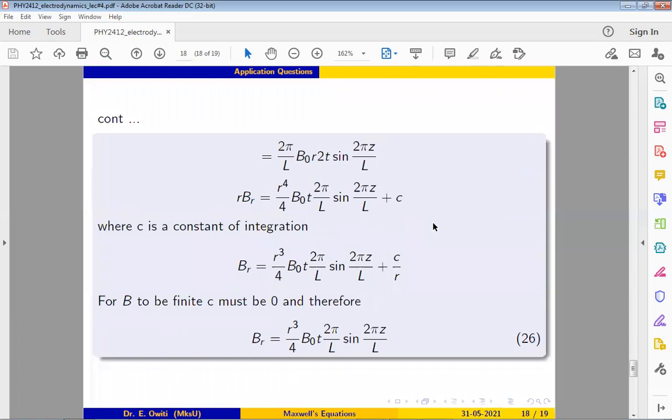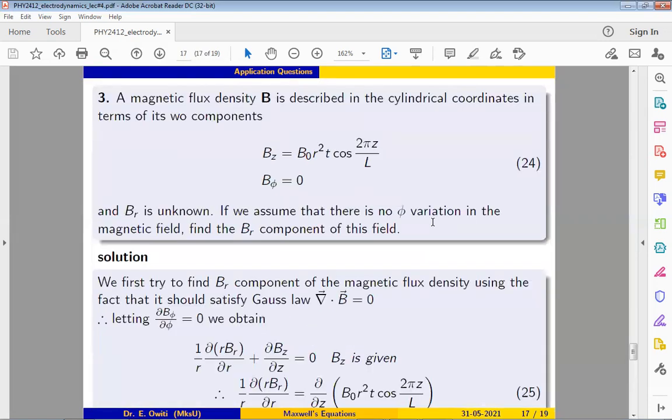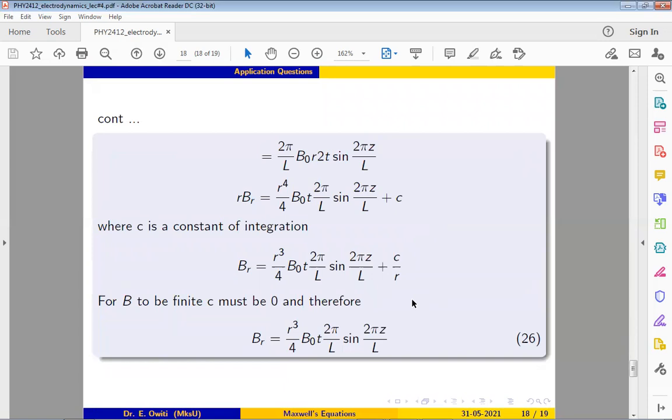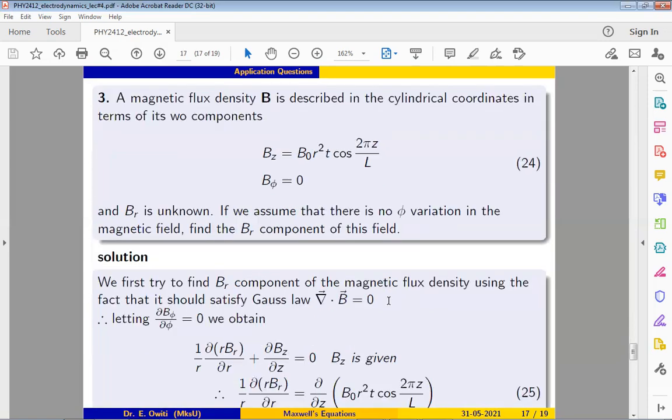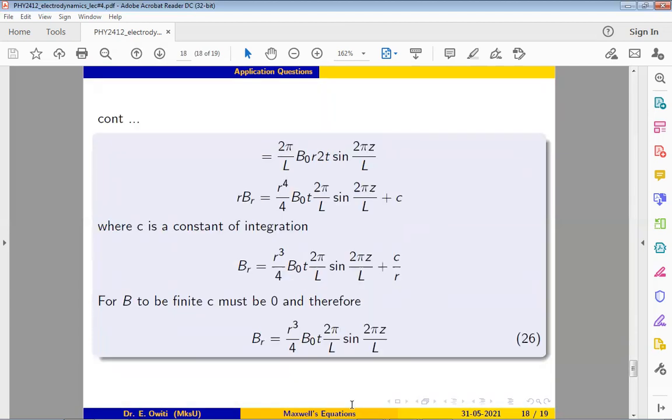Equation number 25 has a derivative with respect to z, so you need to carry out that differentiation, and whatever you get, you can see there. Actually, you can follow, because our interest is to find BR. So equation number 25 is just a matter of making BR the subject and carrying out differentiation where it is required. That's basically what we have done here.